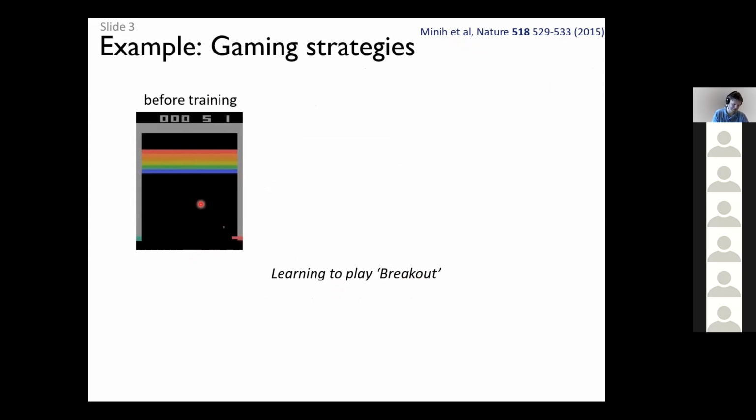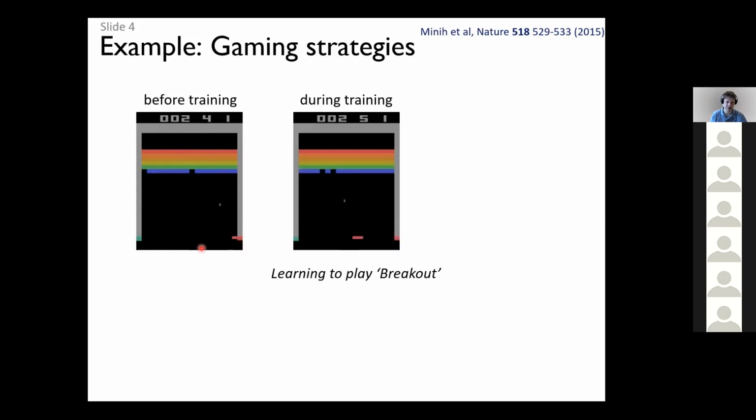The aim of this game is to move the paddle to bounce the ball to remove as many of these walls as possible. So before training, the agent doesn't know anything and just tries something random and moves to the right, and it's not particularly successful. Probably it's just as bad as moving it around completely randomly.